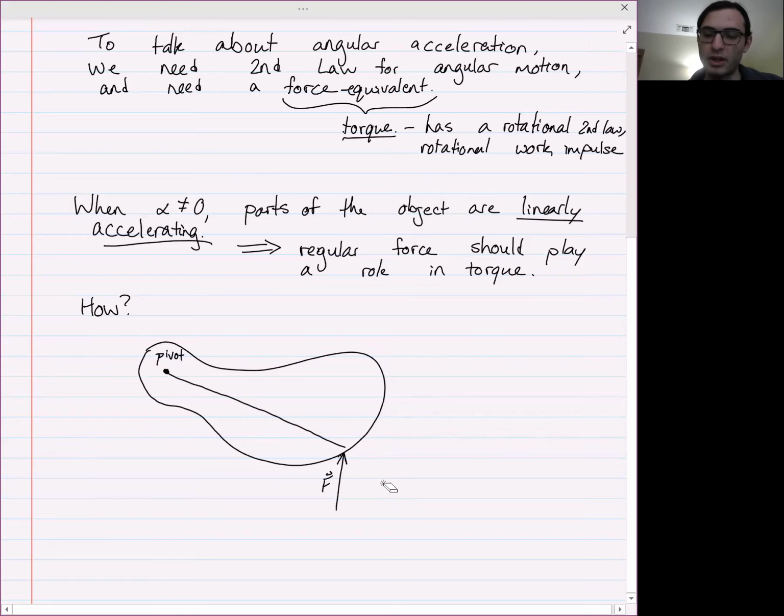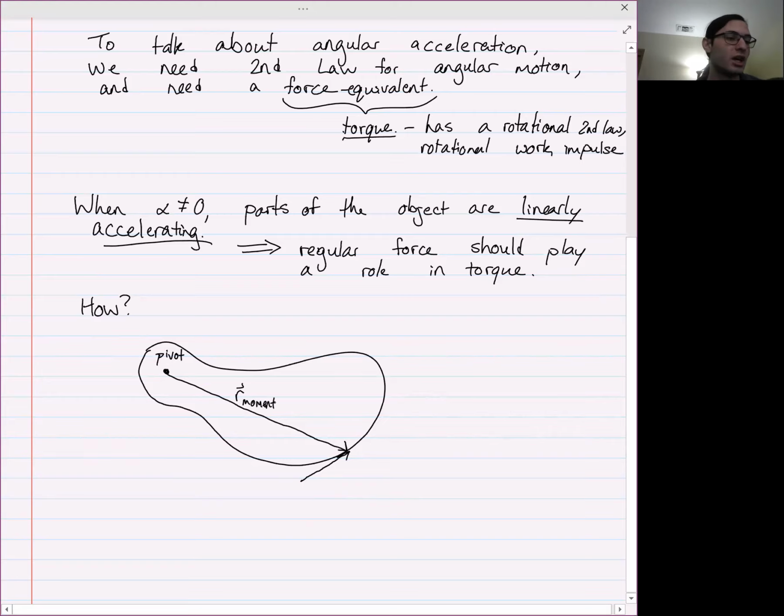Dang it. Okay. Let me change what the force is, so then it's a little bit less obvious. There we go. So I'm going to draw a vector from the pivot to where the force is applied. And this vector has a name. It's called r moment.